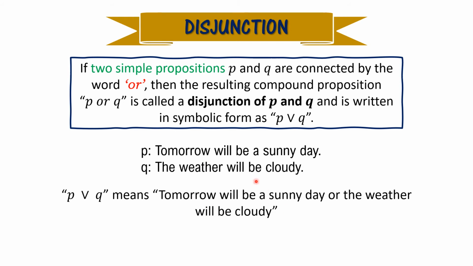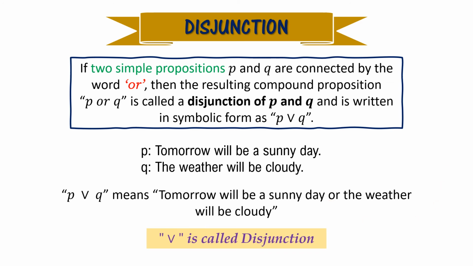So let's reread: tomorrow will be a sunny day or the weather will be cloudy. And the symbol, the inverse caret or vel, is called the disjunction. It represents disjunction. The two propositions are connected by the word or.